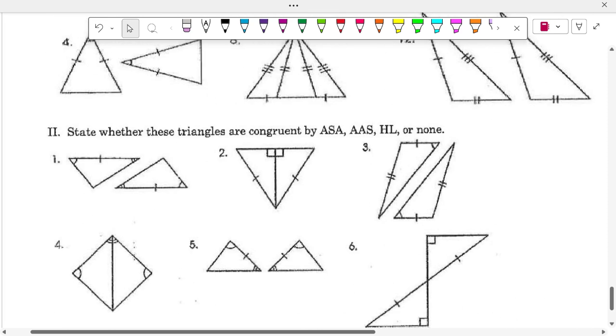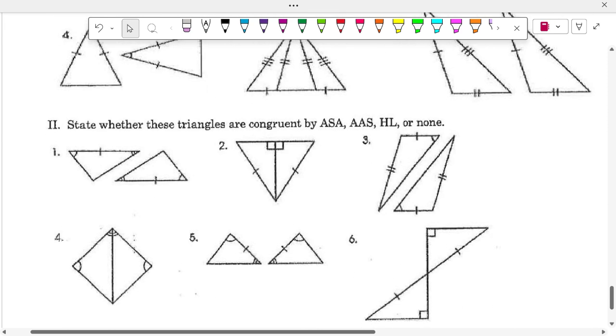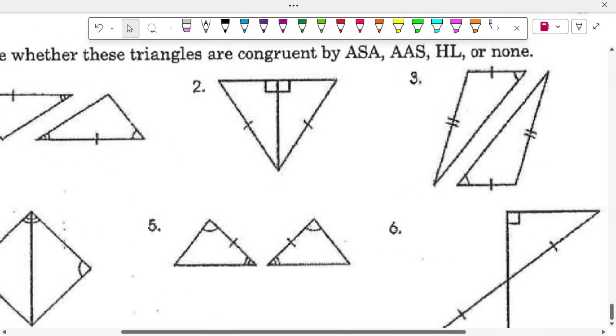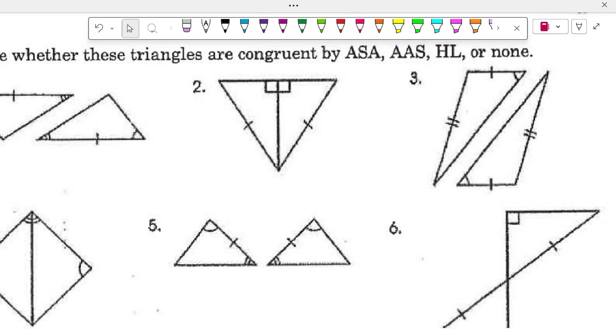What about, let's go 2. What's number 2? Close.